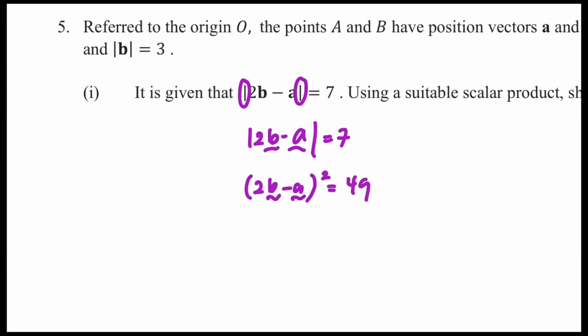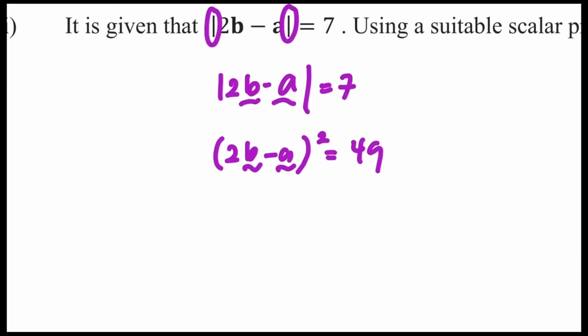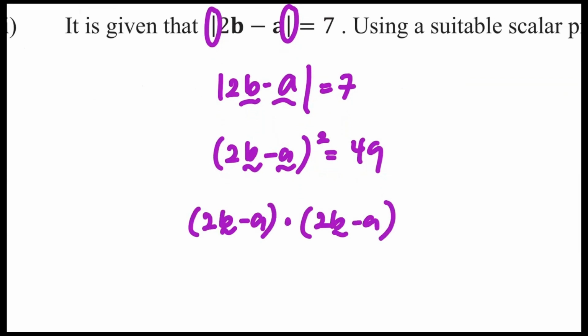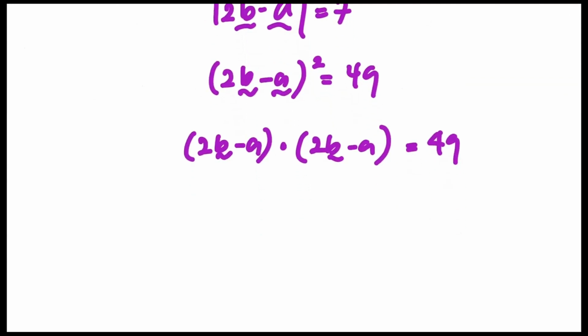Now, when you square a vector like this, what does it become? It's 2b minus a, dot 2b minus a. What's the thing in the middle? It's a dot. Equals 49. Now let's expand. 2b dot 2b is what? Yes, 4 mod b squared.